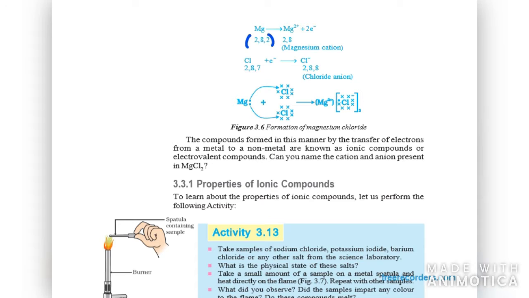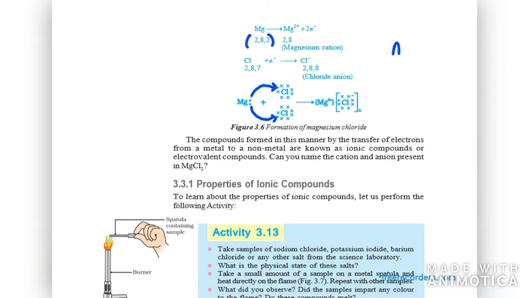So therefore you can see it is 2, 8, 8, that is a chloride anion. Now magnesium has 2 extra electrons, therefore you must add 2 chlorine to it. So there should be 2 chlorine atoms, so that 1 electron can go to the first chlorine, then the second electron can go to the second chlorine, to form magnesium chloride.